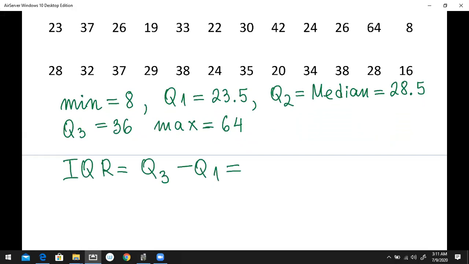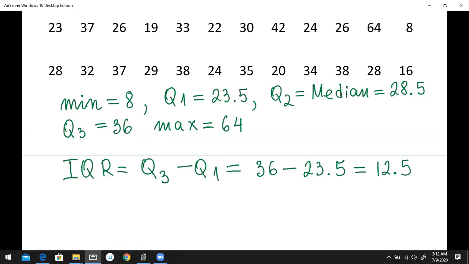In our case it is 36 minus 23.5. So 36 minus 23.5 is 12.5. So this is the difference between Q3 and Q1.